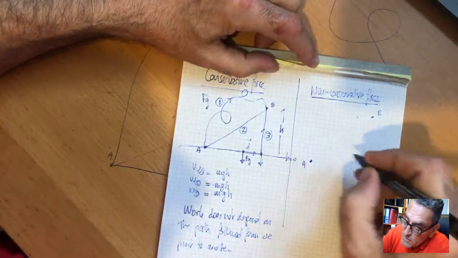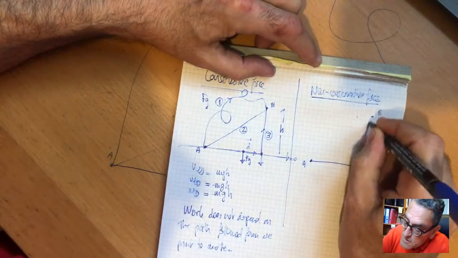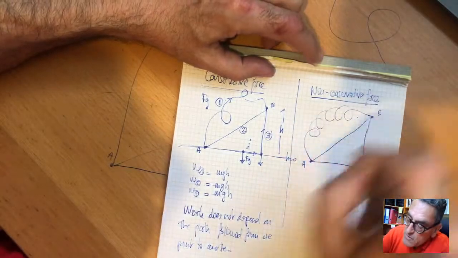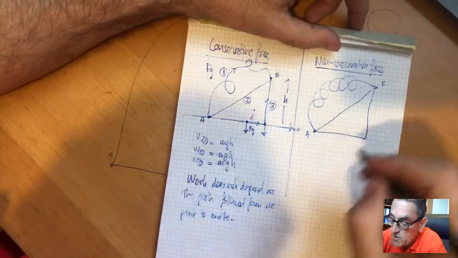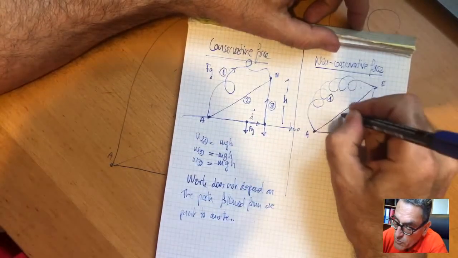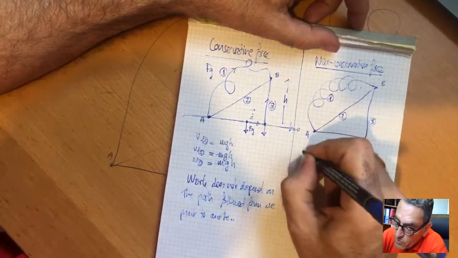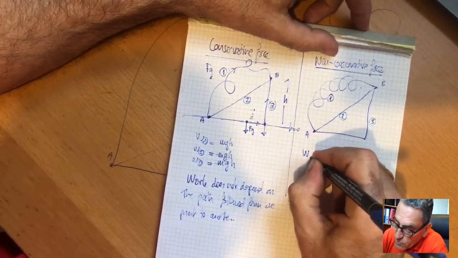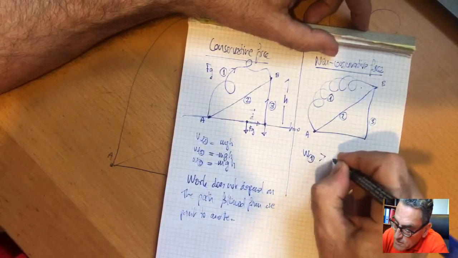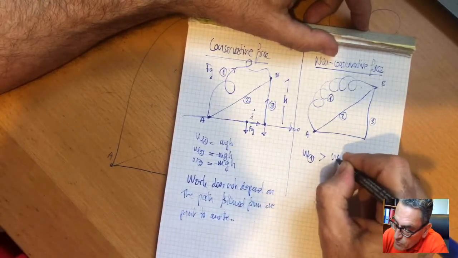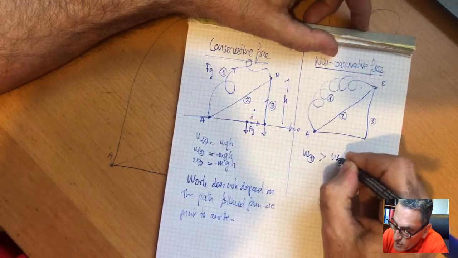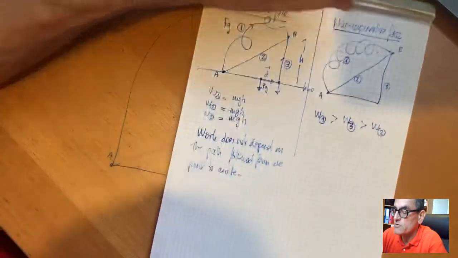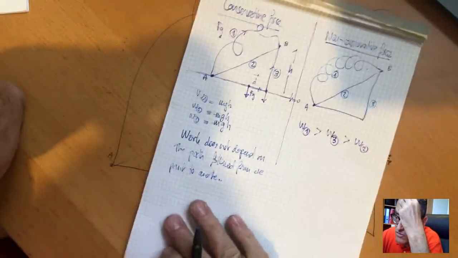And so in this case, this path and this path do not require the same work. If we call them 1, 2, 3 like before, the work for following path 1 is much bigger than the work for following path 3, which is longer, which is bigger than the work that you need to follow path 2.